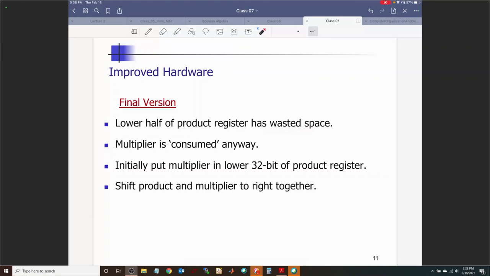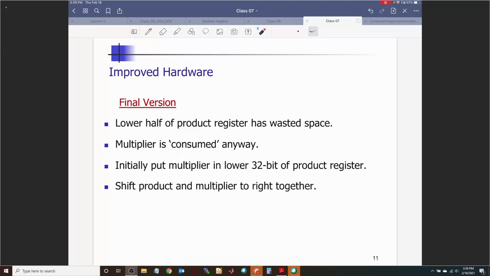So what we can do is combine the multiplier and the product register. The multiplier is consumed anyway, right? Because we are looking at the least significant bit of the multiplier and throwing it away. Because it is going to be thrown away anyway, what we are really interested in is the product register.